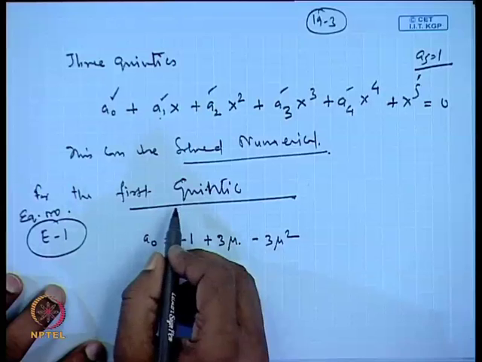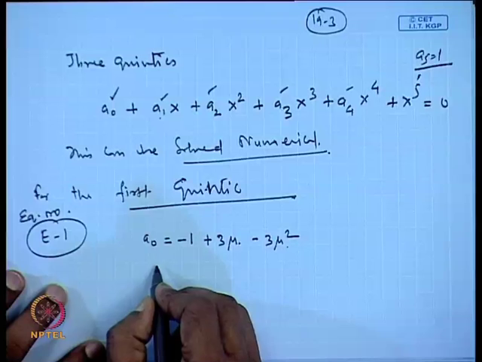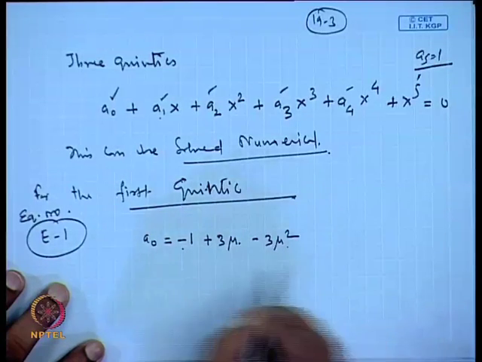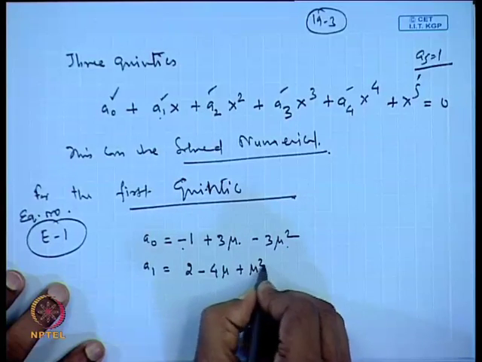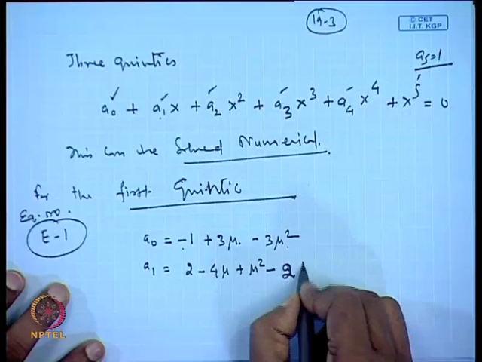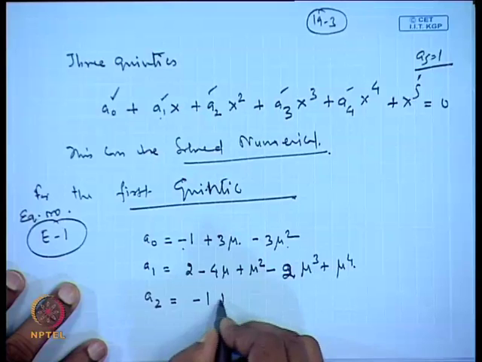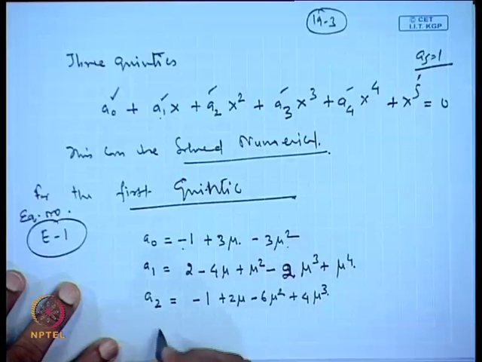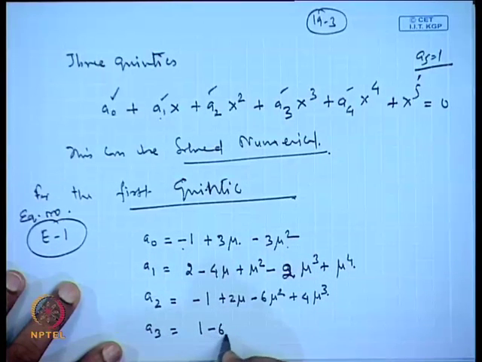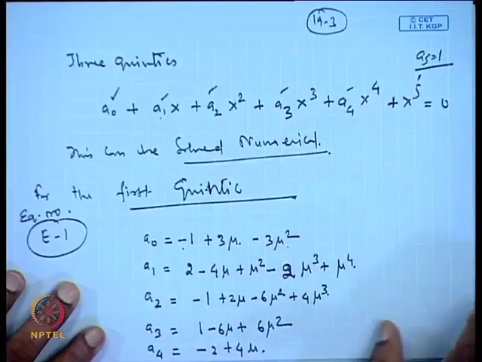So for the first quintic, we get A 0 equal to minus 1 plus 3 mu minus 3 mu square. Then we have A 1 equal to 2 minus 4 mu plus mu square, minus 2 minus 1 plus 2 mu minus 6 mu square plus 4 mu cube, and A 4 is equal to minus 2 plus 4 mu.